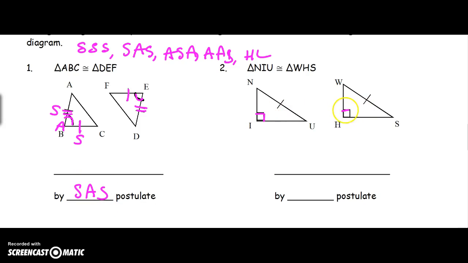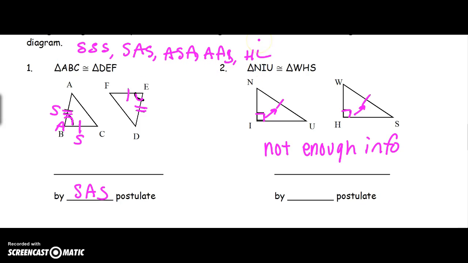Here we have right angles, and what we look for with right angles is a hypotenuse leg. So across from that right angle is our hypotenuse. So we have our H, but do we have anything that's marked for our legs to have the L piece? Since we do not have enough information to prove. Now if you had something, let's say you were going through and you had angle, side, side, okay, and you said, oh, I don't have angle-side-side or angle-angle-angle.